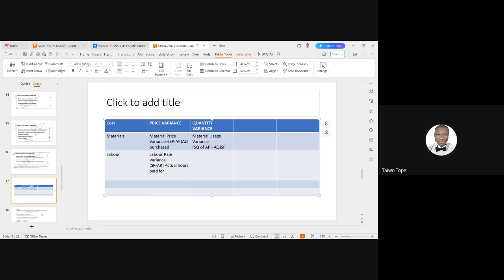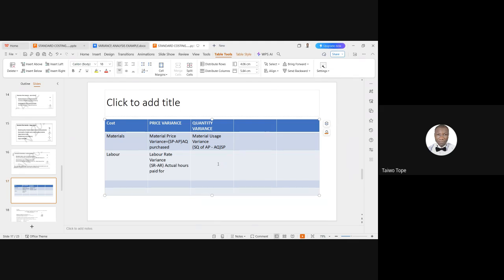It's good I write some of these things in full, so that when we are solving a question, you will see in some questions actual hours worked, actual hours paid for, or different scenarios. So you must be able to interpret and know the variable to pick at that particular point. That is why I'm writing some of these things in full. Actual hours paid for.